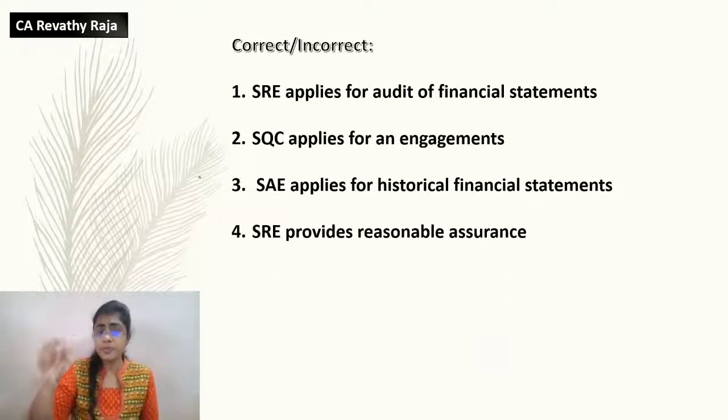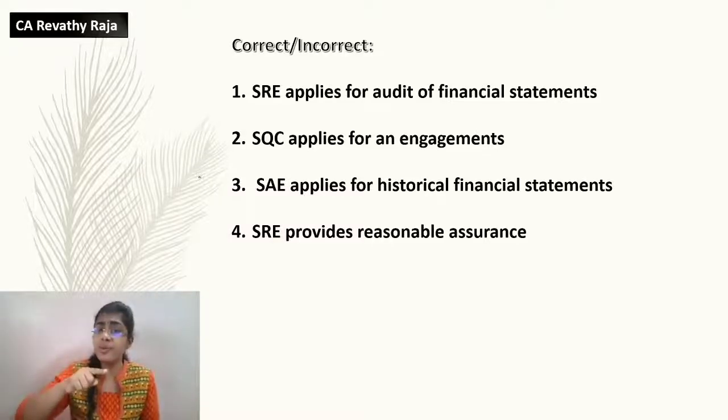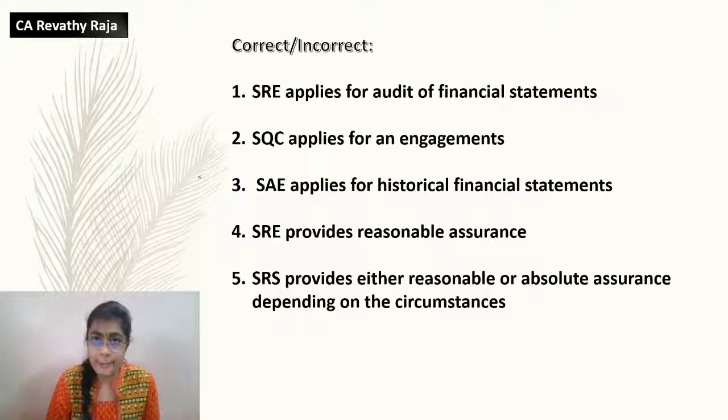Fourth one. SRE provides reasonable assurance. Correct? Incorrect. Answer is incorrect. SRE, the review engagement, provides a moderate or limited assurance. So the answer is incorrect. Finally, the last question on this correct, incorrect.